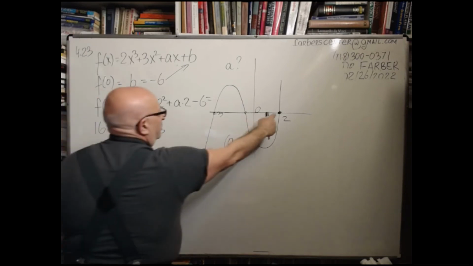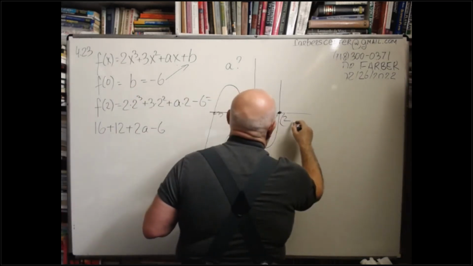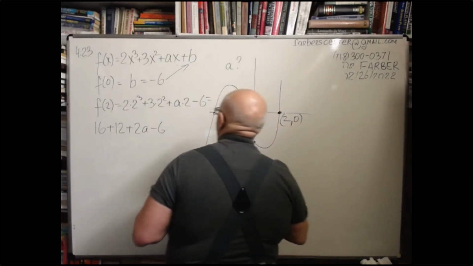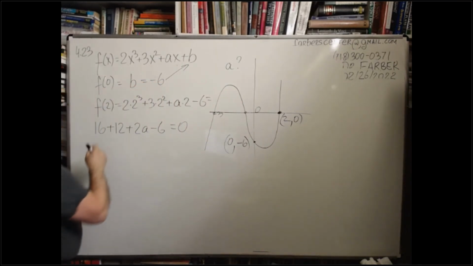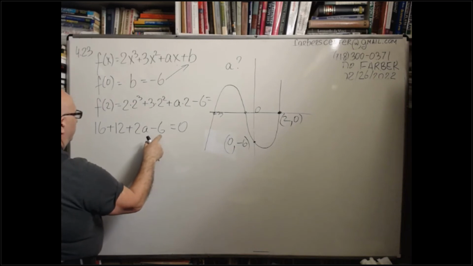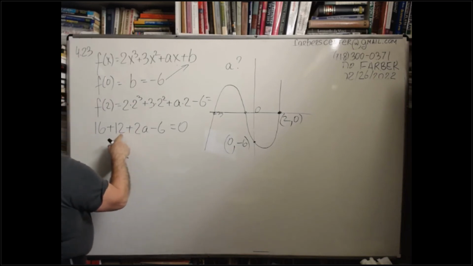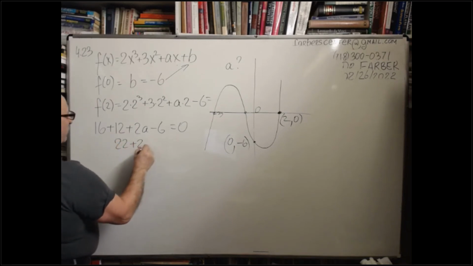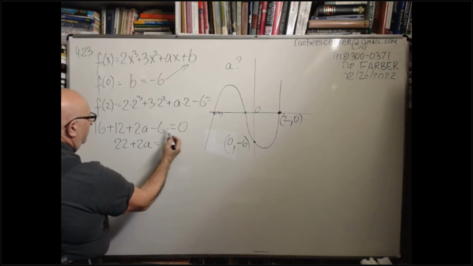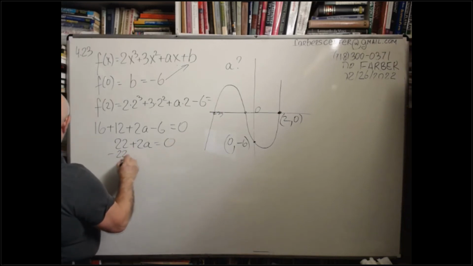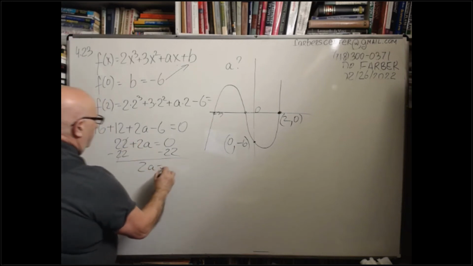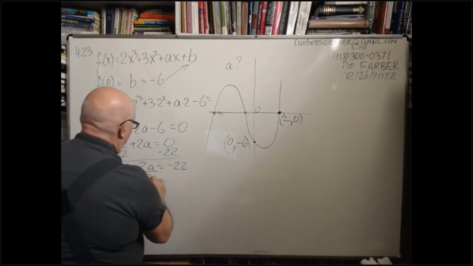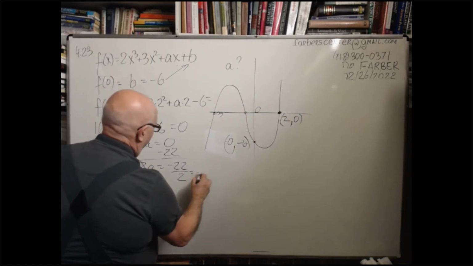And this equals 0. Why? Because the coordinate of this point is 2, 0. Now 16 minus 6, 10. 10 plus 12 is 22. Plus 2a equals 0. Minus 22 both sides, so 2a equals negative 22. Divide both sides by 2. a equals negative 11.